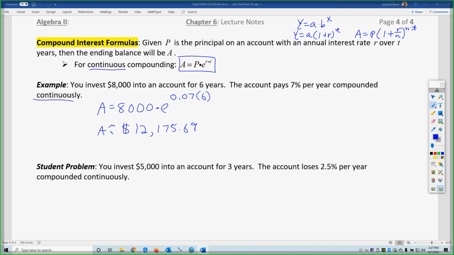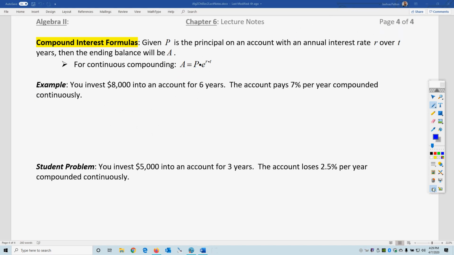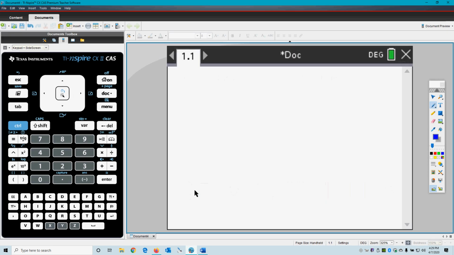And again, order of operations is very important in this also. So make sure when you're using the calculator, use it appropriately, otherwise you get ridiculous answers. Exponents have to come before multiply. So let's look at the calculator really quickly. If we're going to do this problem, it's going to be your e and your 0.07 times 6. Oops, that's not e, that's natural log, I'm sorry. There we go, same button usually.